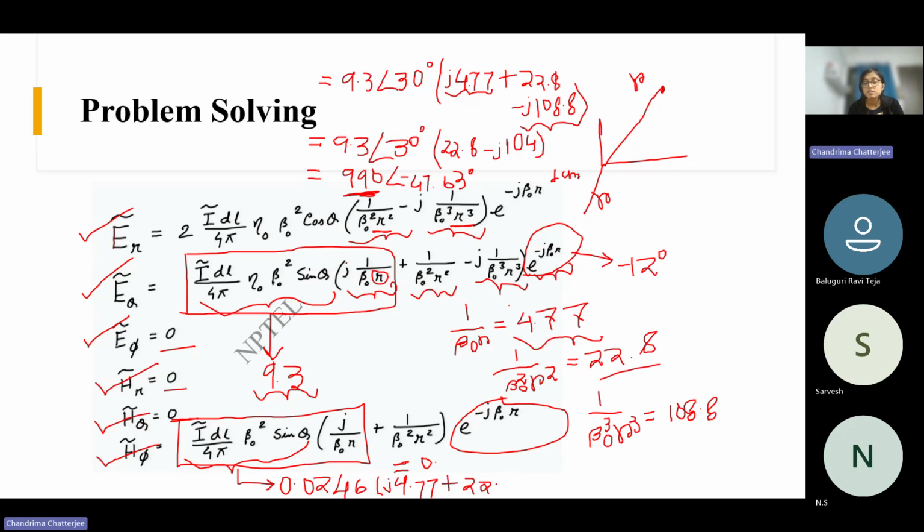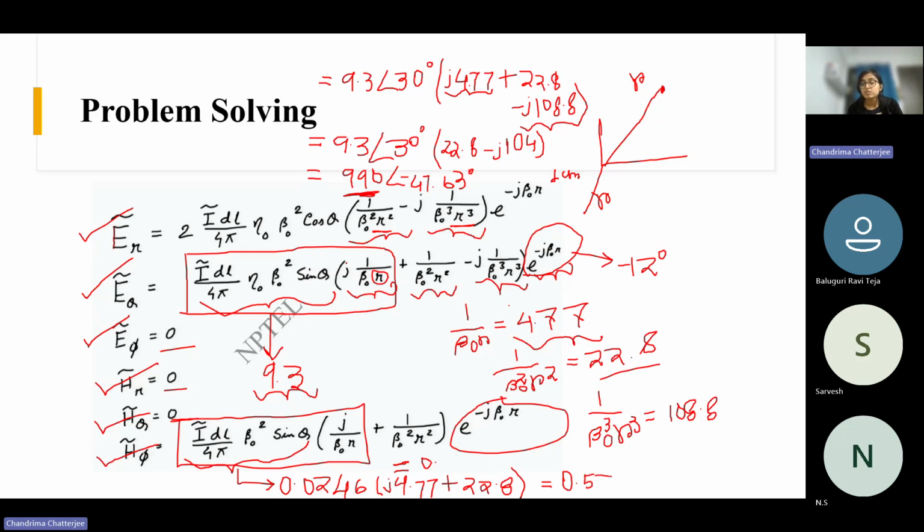Just find the magnitude. So 23.29 multiplied by 0.0246, this is 0.573. This is just the magnitude portion, okay?